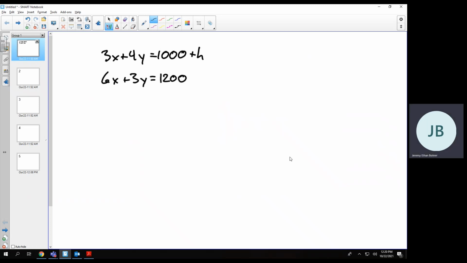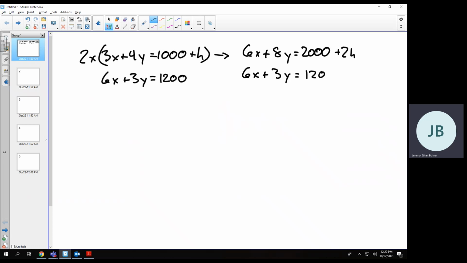So we multiply our first equation by 2, which gives us 6x plus 8y equals 2,000 plus 2h, and we've got 6x plus 3y equals 1,200.